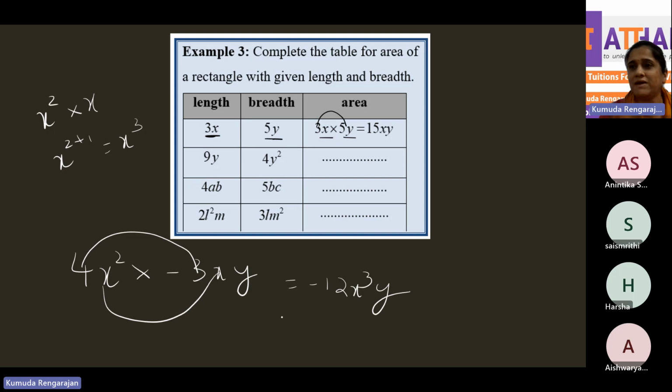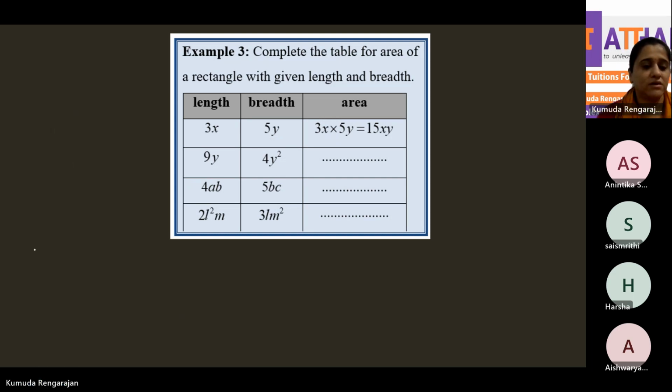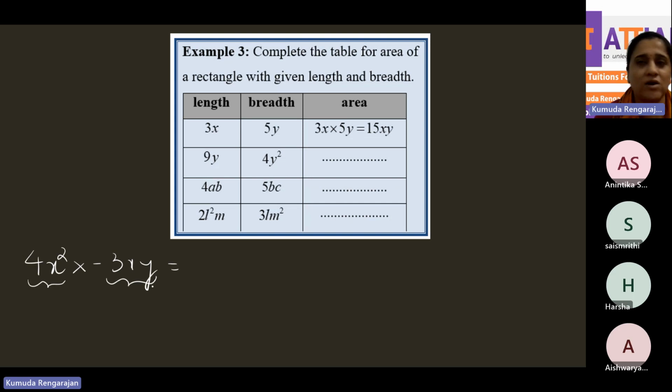We multiply everything you see. I repeat this. If we have to multiply 4x square and -3xy, we see that they are not like terms, but we can multiply them. Multiplication is not sensitive. Now, how do we multiply? Multiply the numbers. -12. And multiply the literal factors, the letters.